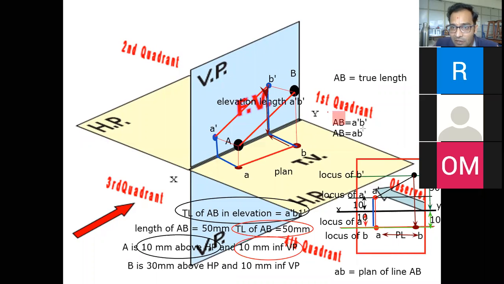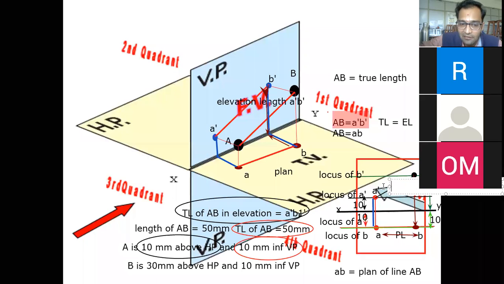What it indicates is that in our case the true length is equal to the elevation length. And where are we going to find the elevation length? We are going to find the elevation length over here as A dash B1 dash. But A dash B1 dash is the notation which can be used for the true length of AB. So we are also placing the B dash point over here at the same position to indicate the elevation length. So true length and elevation length are both the same in this case. I hope you are understanding the whole problem.